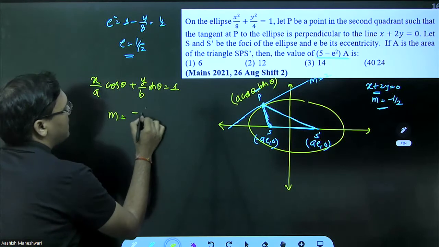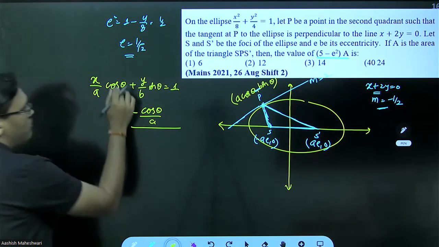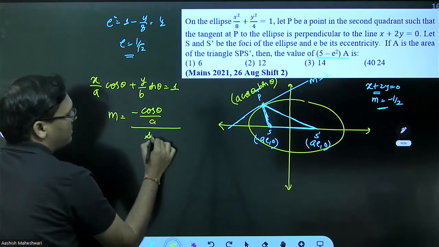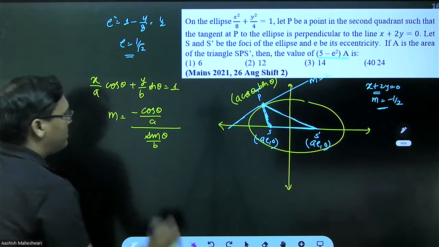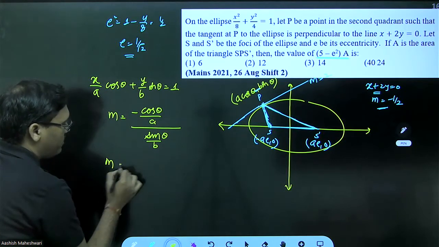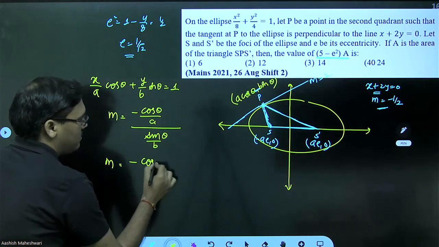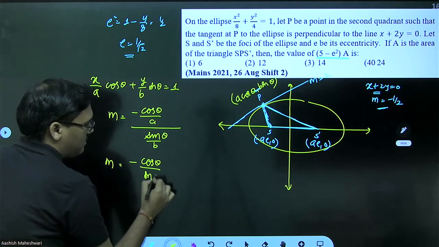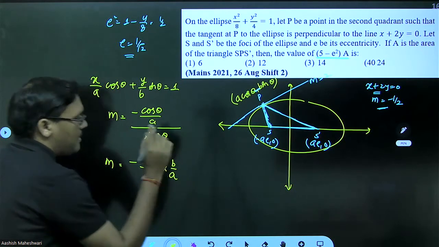This is minus coefficient of X divided by coefficient of Y, which is minus cos theta by A divided by sin theta by B, right? So the slope is minus cos theta by sin theta into B by A, correct?